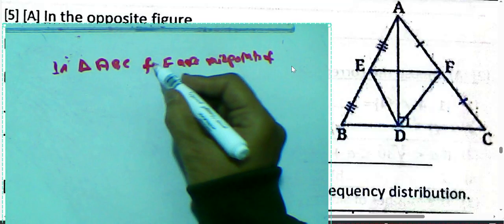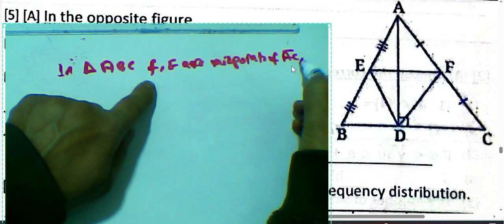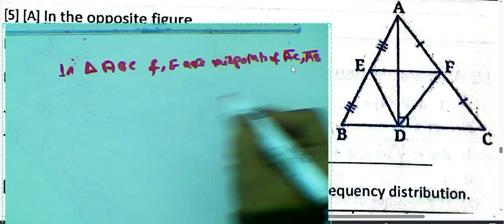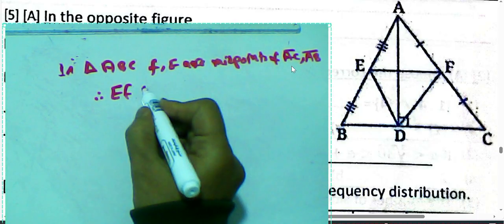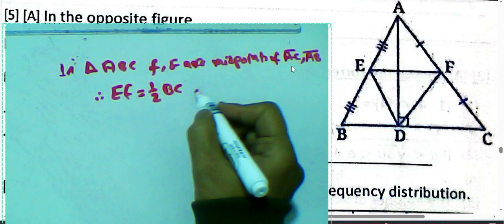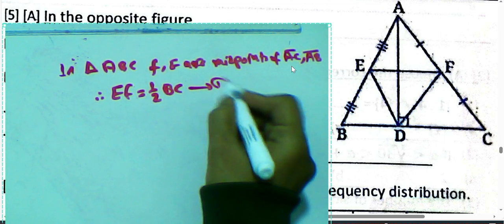Look at here, F and E are midpoints of AC and also AB. Okay, this is the midpoint. Then EF will be half of BC. We call it a mid-segment. Then EF is half of BC. It's relation number 1.